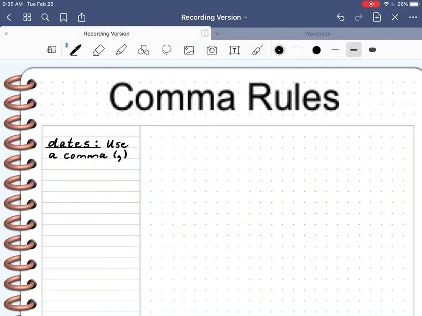Use a comma between the day and the year in a date.